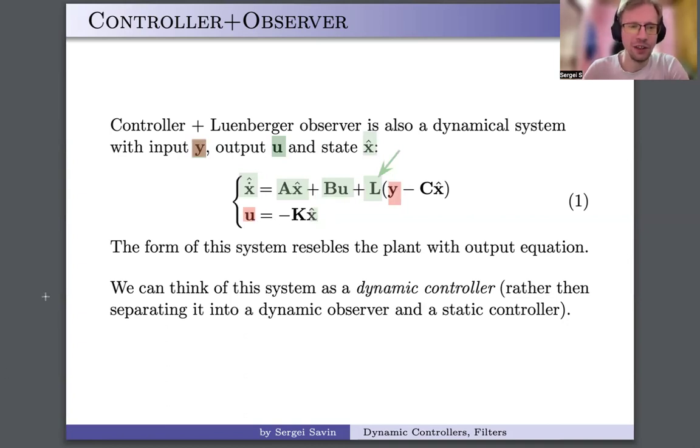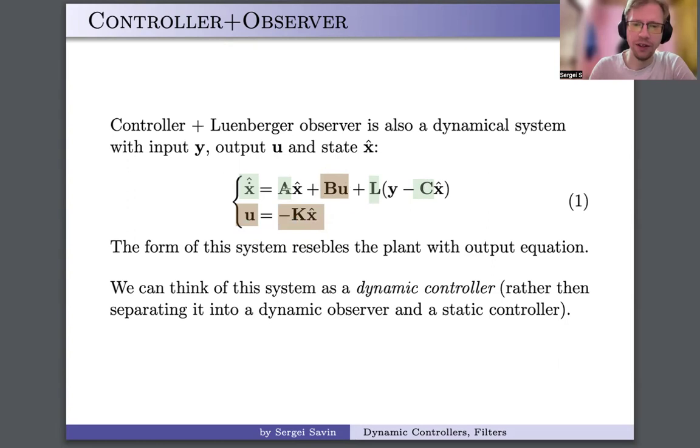Now, if you look at this closely, what you would find is that it resembles very much a normal plant, right? Normal LTI. x hat dot equals to some matrix, A minus LC, x hat plus Bu. This is not completely usual for us to see u both here and here, but why not? If you don't like seeing u here, you can always replace it with minus K x hat.